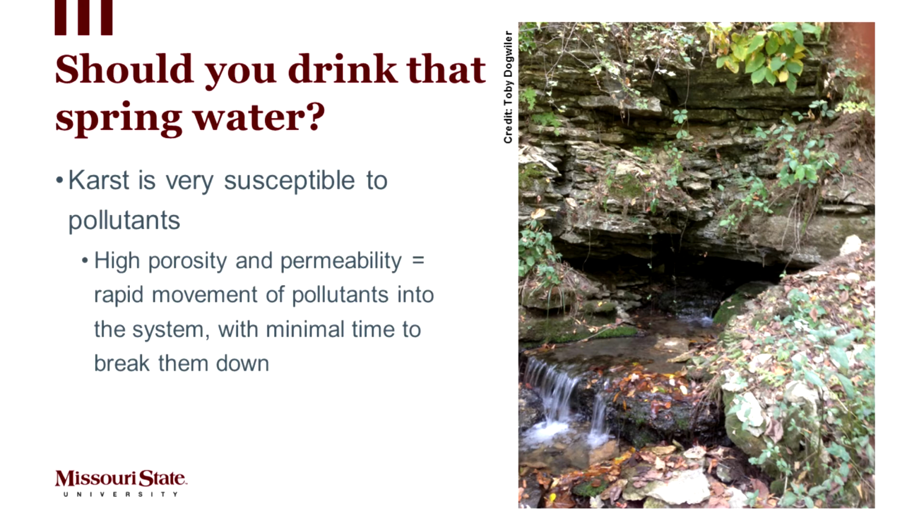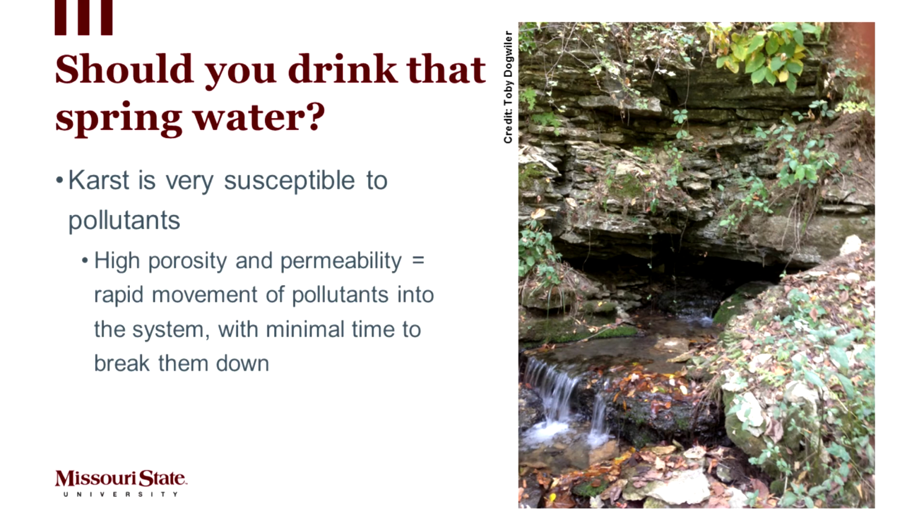One of the things we're going to talk about in the next couple of modules is that karst is very susceptible to pollutants because the water is moving through these very large pore spaces, the fractures and the caves. The water moves into the system and through the system very rapidly, which means that any pollutants that are washed into the system as that water infiltrates have a minimal time to break down or be attenuated by other processes.